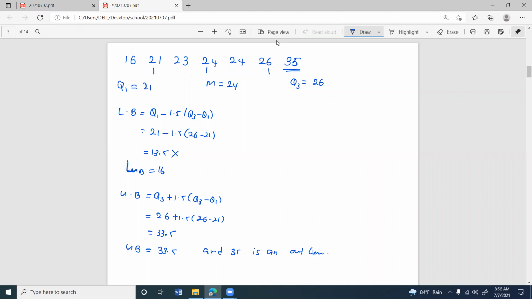In our level, we don't go to that depth. If you want to learn, you can learn statistics at university level, where we learn the reason, why we take 1.5 times the interquartile range as the lower boundary from the first quartile and the upper boundary from the third quartile. For the moment, just consider it as it is. If you want, I will send a video regarding this, but it is a little bit complex. That is why we won't go that deep into this theory.